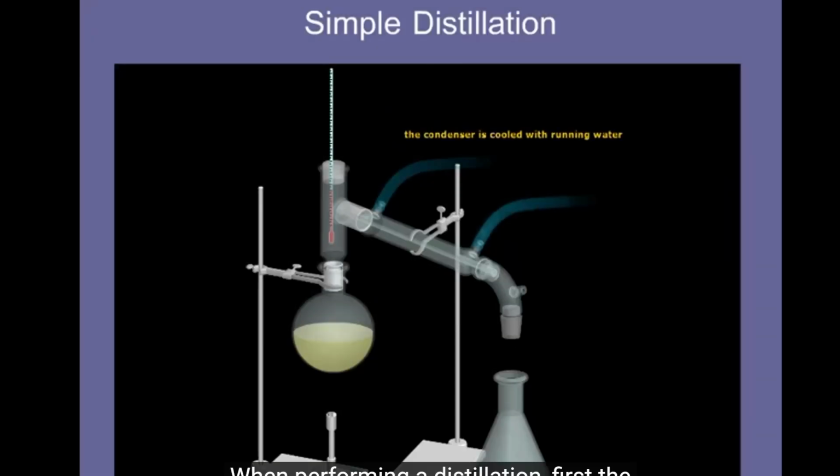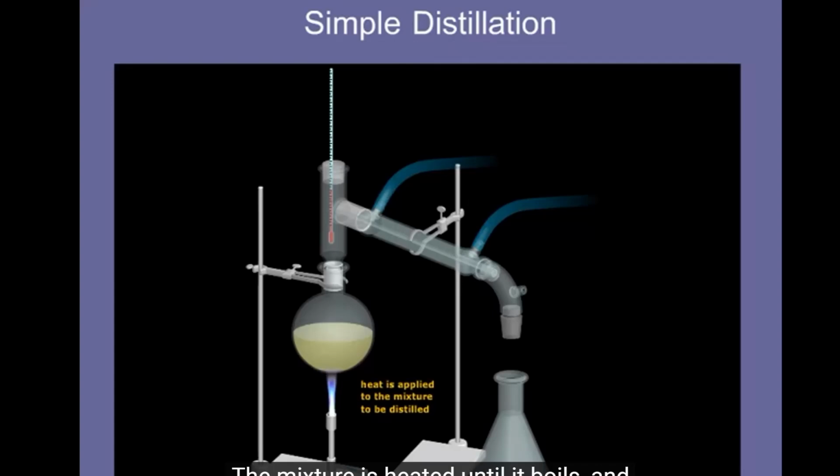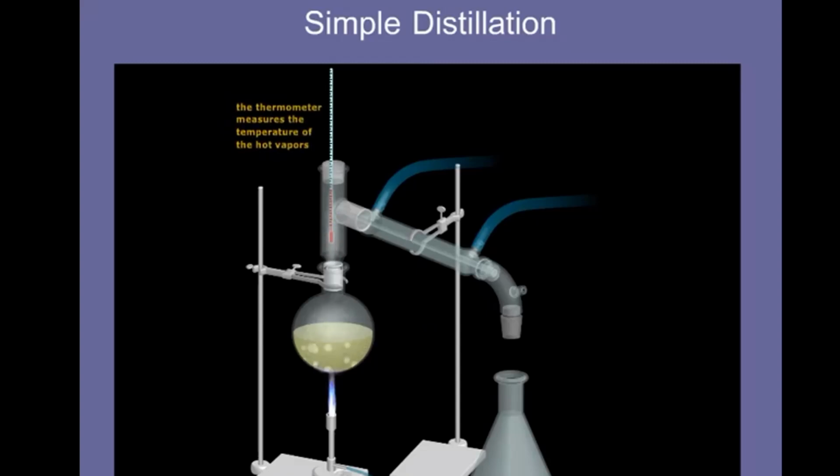When performing a distillation, first the condenser is filled with cold running water. Next, heat is applied to the mixture, which is to be distilled. The mixture is heated until it boils, and the hot vapors will travel up the distillation head. Measuring the temperature of the vapors helps us to identify the liquid being distilled, and will help to confirm its purity.